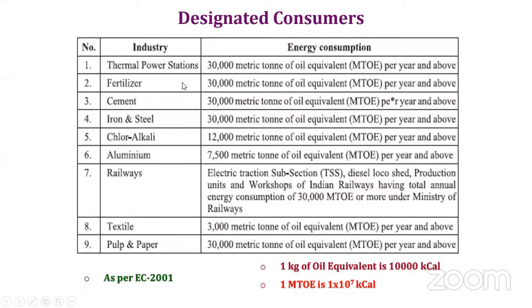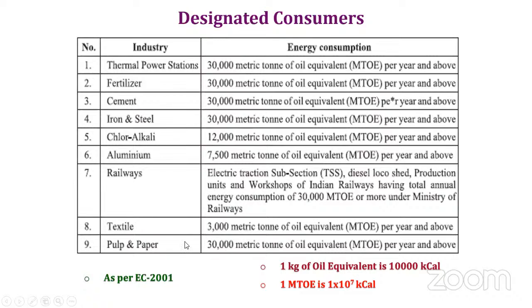Thermal power plants, fertilizer, cement, and iron and steel industries have higher MTOE thresholds, whereas others have lower. This is an older figure. Recently, hotels and IT buildings were added, and they have their own MTOE values. 3,000 MTOE is fixed for IT buildings as well as hotel industries.